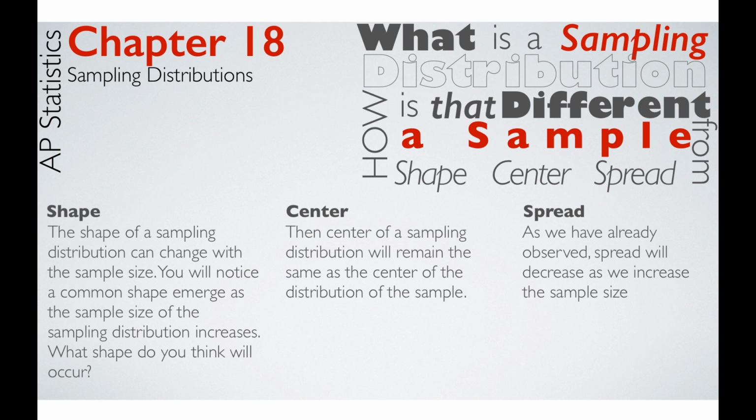Now, if the sample is not large enough to be considered normal, then that sampling distribution will tend to model whatever that population shape would be. So, for example, if we were talking about, let's say, the average height, then I'm probably going to end up with a bimodal distribution.